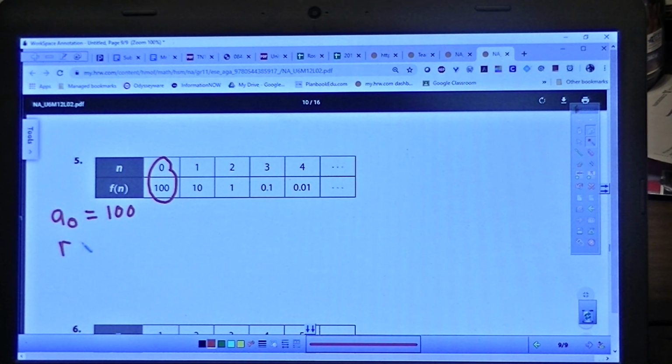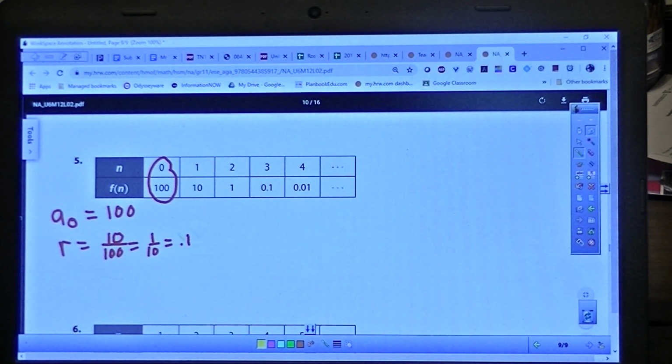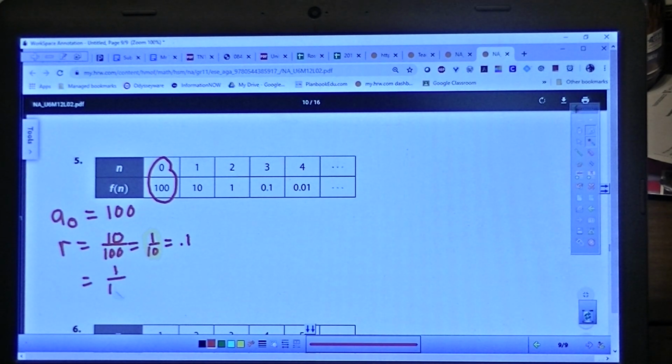Our R value is 110 divided by 100, also known as 1 over 10, and some of y'all might call that 0.1. I would say 1 over 10 is your best choice. And then here we go. So let's try the next couple. So 1 divided by 10. Oops, there we go.